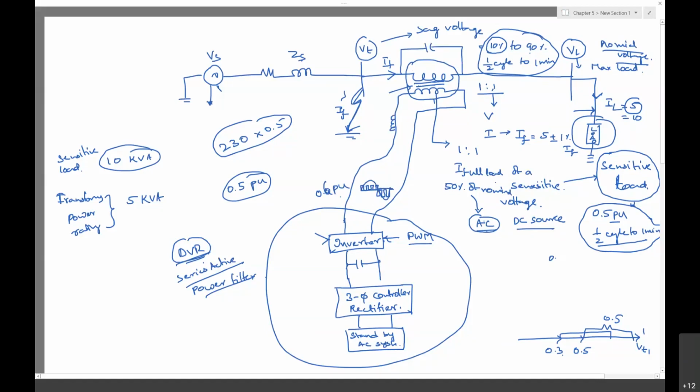The inductance of the transformer itself can be considered as the filter component, but generally we connect around 1 millihenry on this side. And instead of using the capacitor on this side, you can also put the capacitor on this particular side.